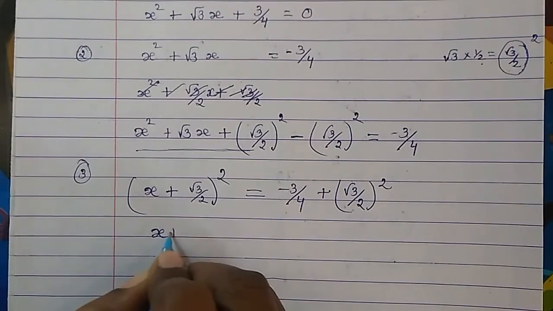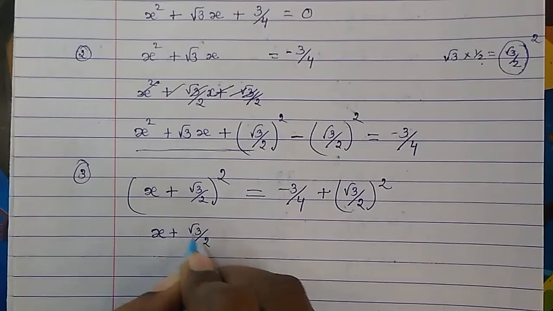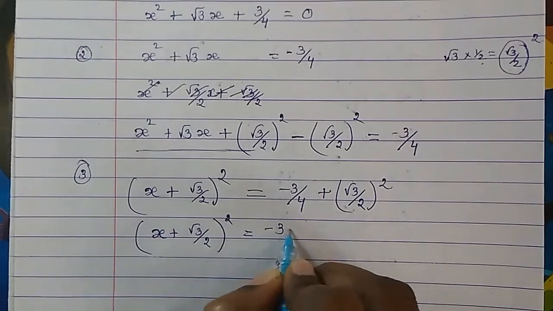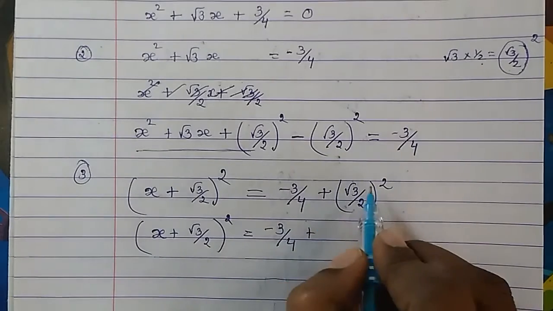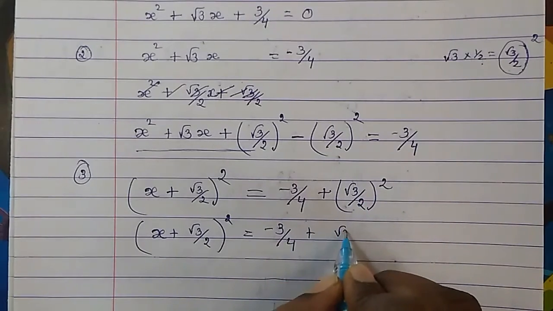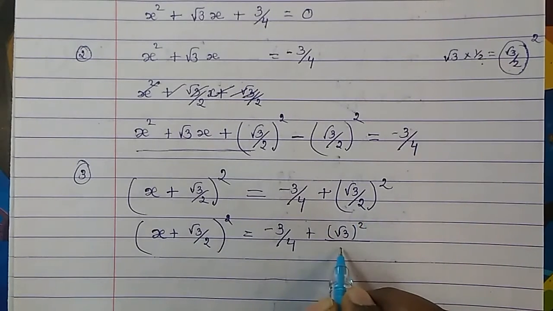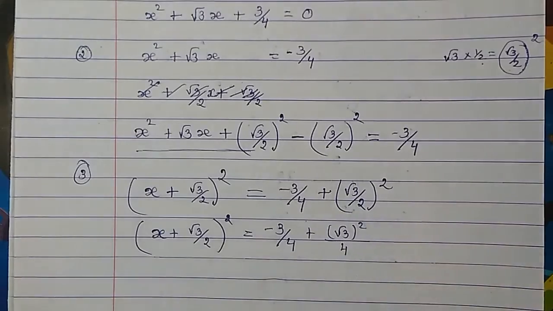This will be written as it is. Now this is square, so root 3 square, and then 2 here, 2 square. So 2 square will be 4.